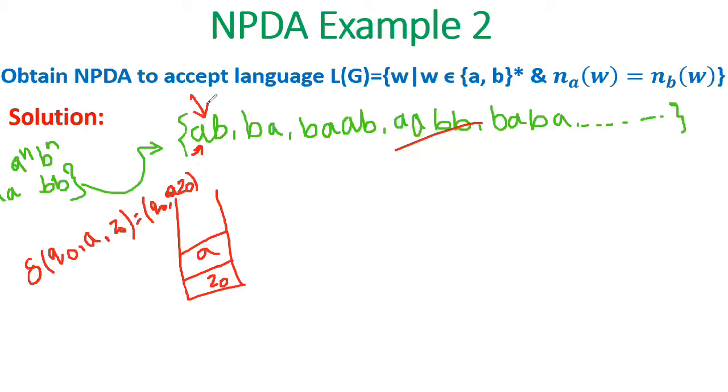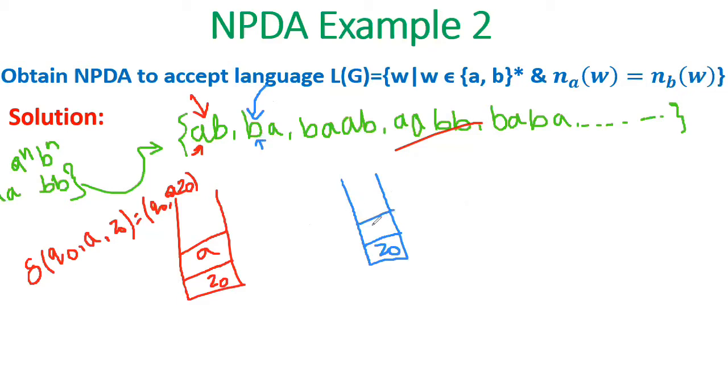And see, in the previous problem there was a rule that every time the string has to start with A. But here you don't have such rules. It can start with A or it can start with B also. And the best example for that is the second string, that is BA, right? So if this is the case, we'll see the scenario, that is you have a stack, and top of the stack is Z0. And what is the symbol you are getting here? B is the current symbol you are getting.